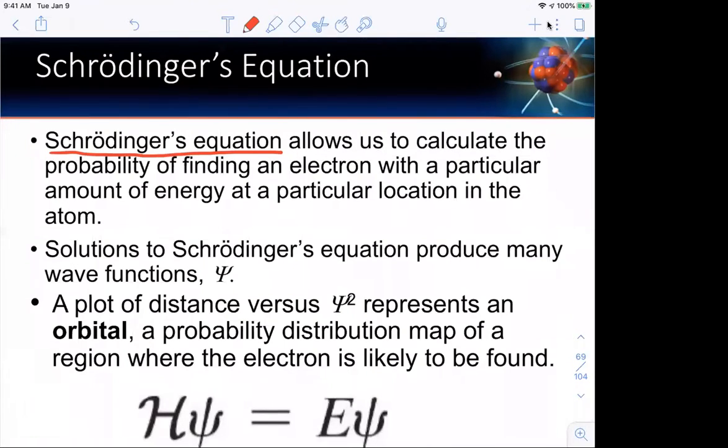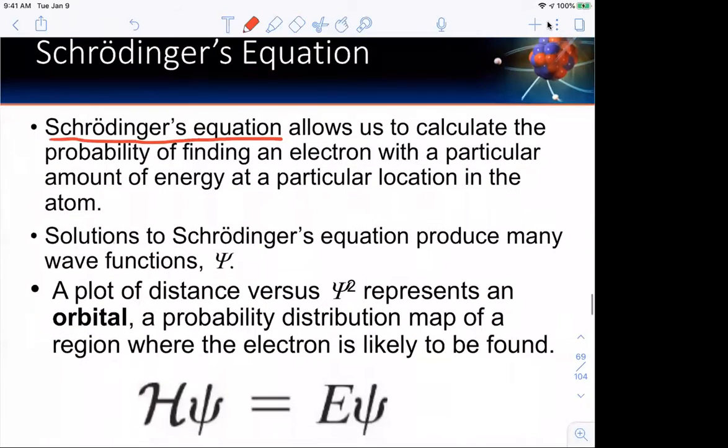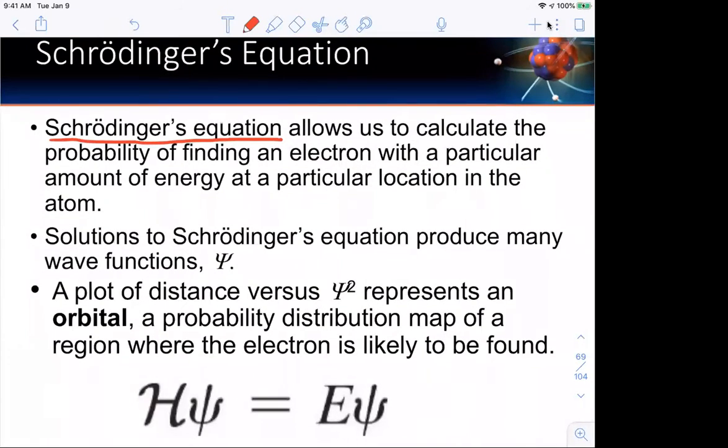This math is something that you would see in senior level chemistry classes that were calculus based, or even graduate school. All I can tell you is that solutions to Schrodinger's equation produce something called a wave function, which is this, I think that's a psi.